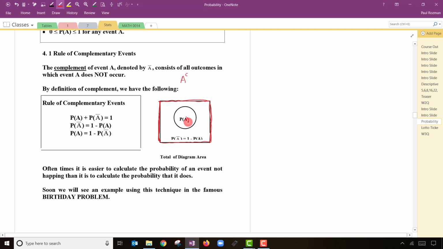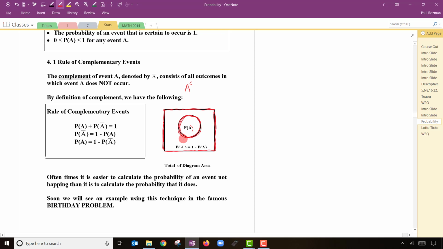Then I'll denote the probability of A occurring as the area of this circle. Well, then the probability of not A is everything on the outside of that circle. So if I take everything that's inside the circle and add it to everything that's outside the circle, I get the whole area of the block, which is 100% or 1. So sometimes that's called an area diagram.